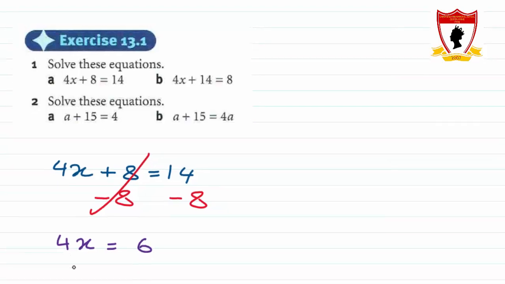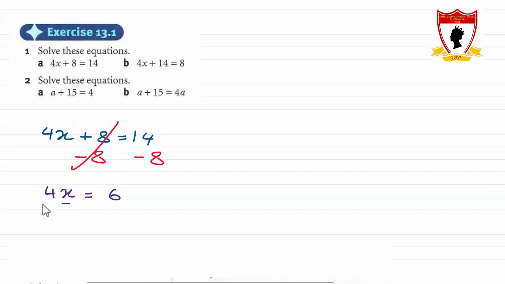Now divide by 4 both sides. Finally, x is equal to 6 over 4. It's fine if you leave your answer as a fraction. Or you can divide 6 by 4 and get the result as a decimal. It's also acceptable. We can say x is equal to 1.5.